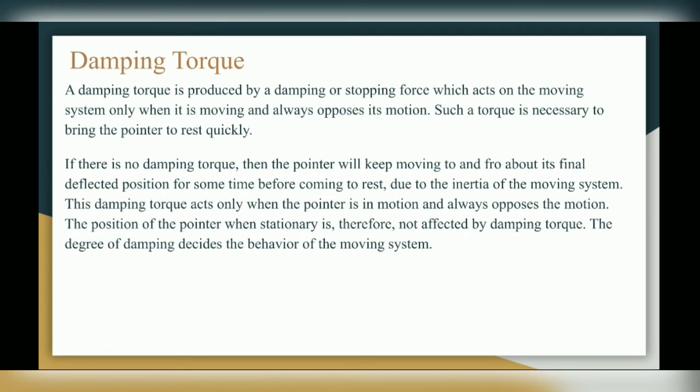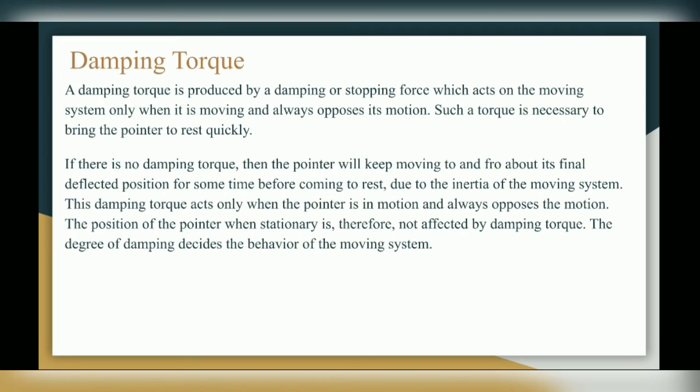The degree of damping decides the behavior of the moving system. So basically, damping torque is used to damp the oscillation, that is, to reduce the oscillation and bring the pointer to its steady position.